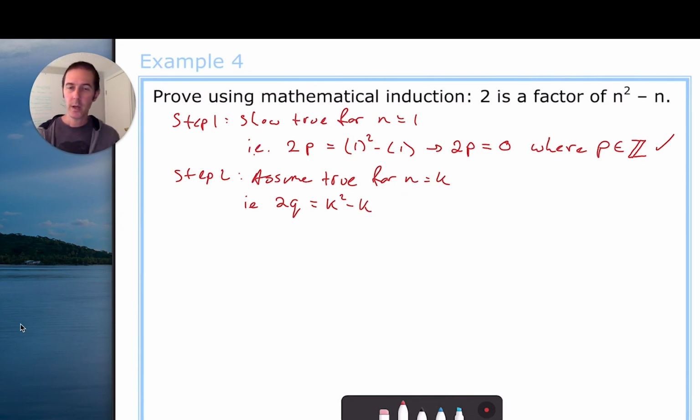Previously, it was 2 times some number p will equal 0. This time, it's 2 times some different number, q, that will equal k squared minus k.